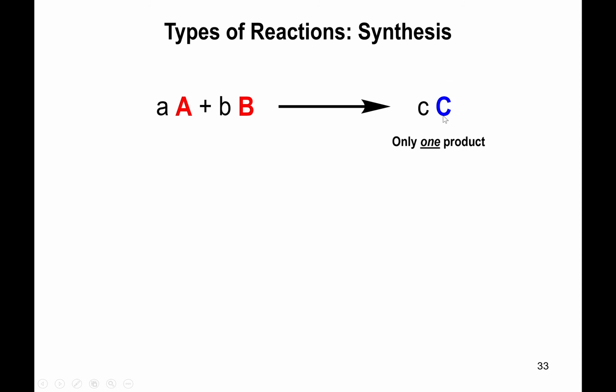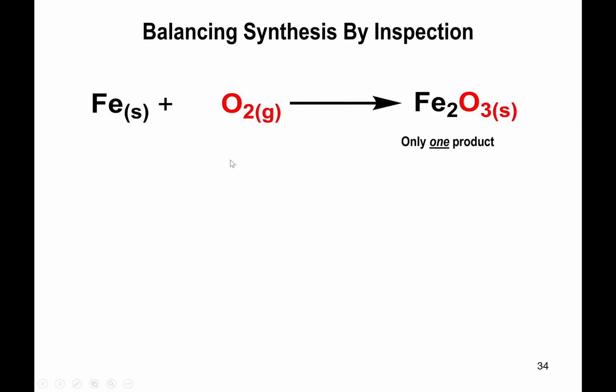But you will only have one type of molecule or one type of element present as the only chemical species on the product side. Typical example, iron plus oxygen undergoing basically oxidation, turning into rust, specifically iron 3 oxide. Only one product, so this is technically a synthesis reaction.